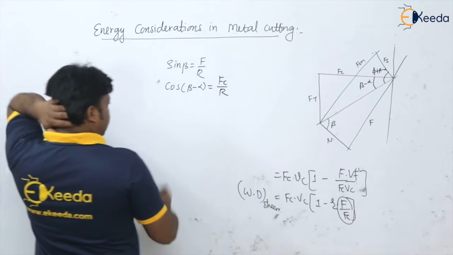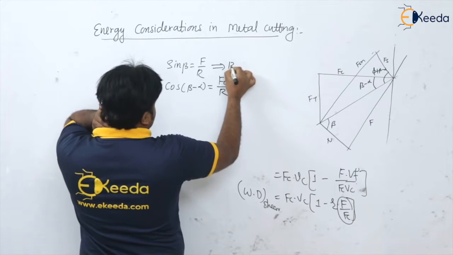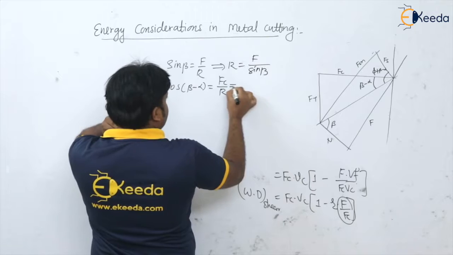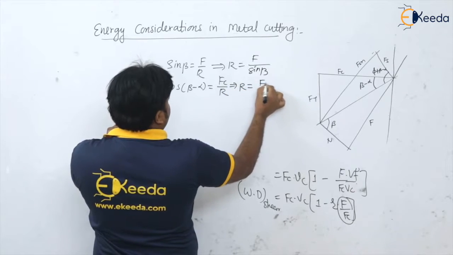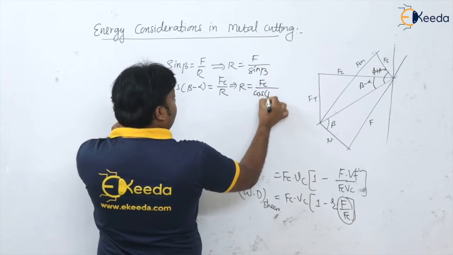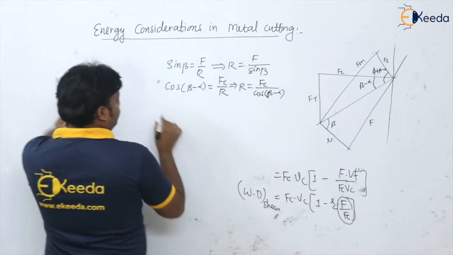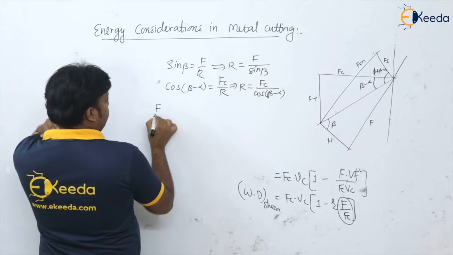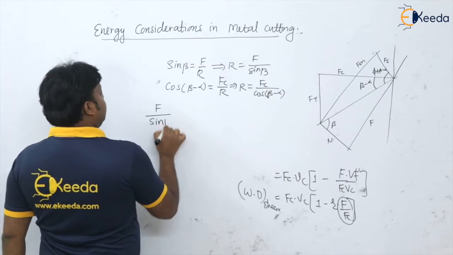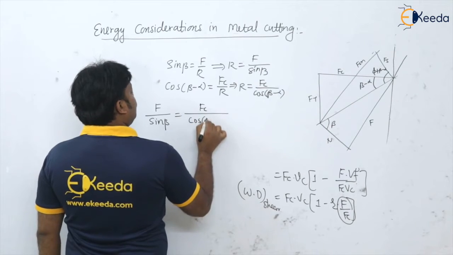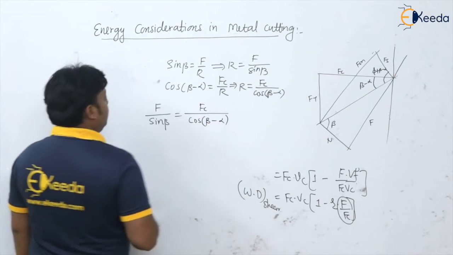Now you get the relation: here I can write R is equal to F divided by sine beta, and here R is equal to Fc divided by cos of beta minus alpha. Isn't it? So just equate these two, that is F divided by sine beta is equal to Fc divided by cos of beta minus alpha.